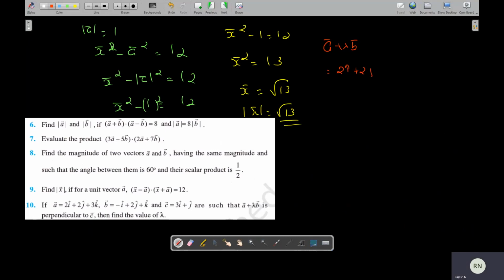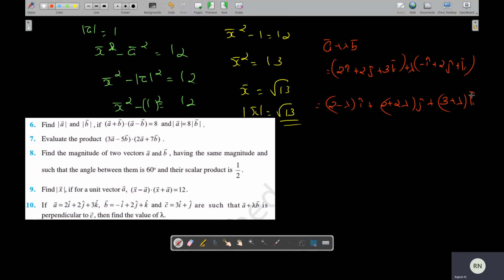It is 2 i cap plus 2 j cap plus 3 k cap plus lambda into minus i cap plus 2 j cap plus k cap. So (2 minus lambda) i cap plus 2 lambda j cap plus (3 plus lambda) k cap.